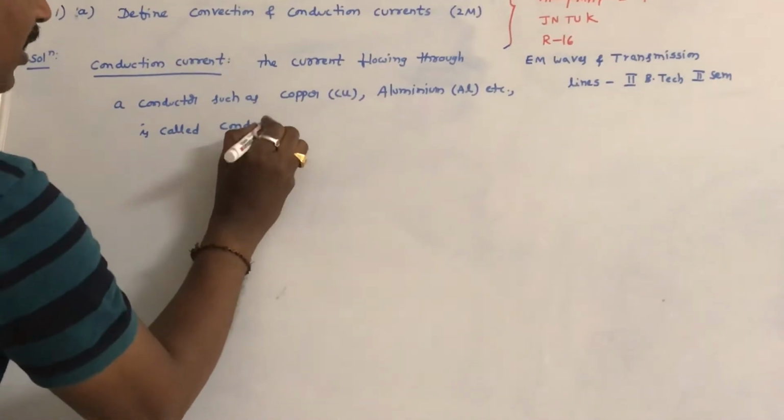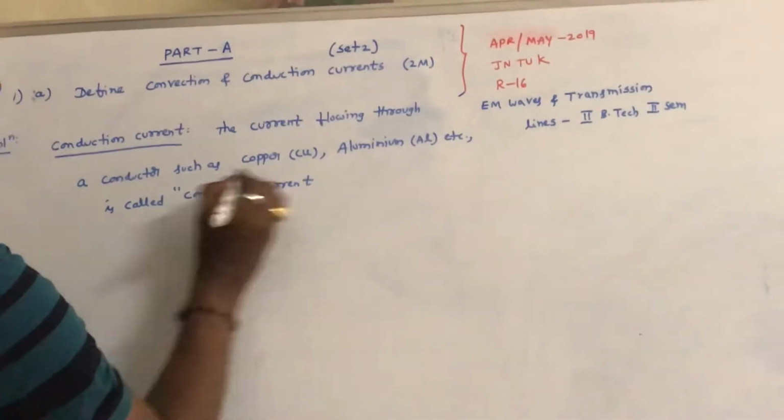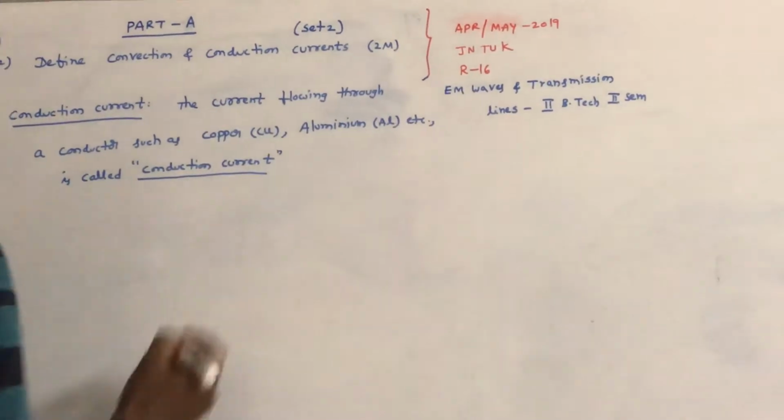Very simple definition. Conduction current is the current flowing through a conductor. Examples of conductors are copper, aluminium, etc.